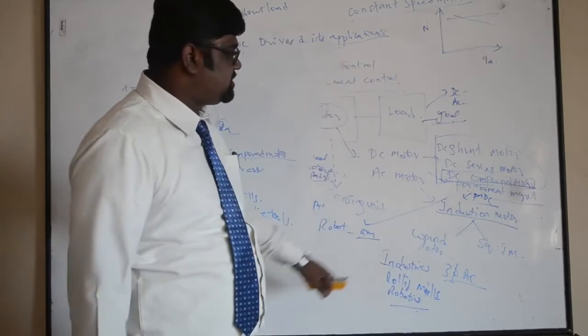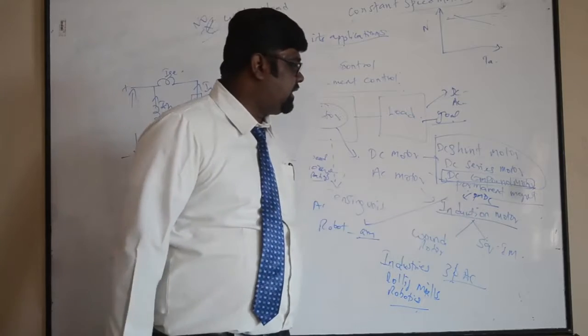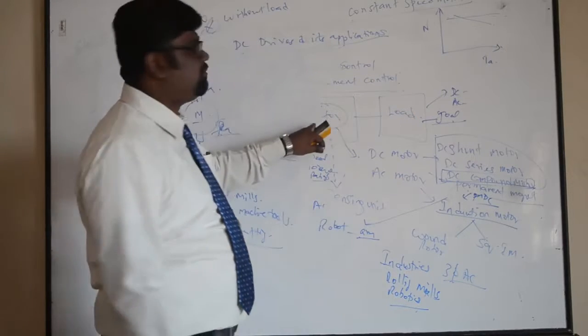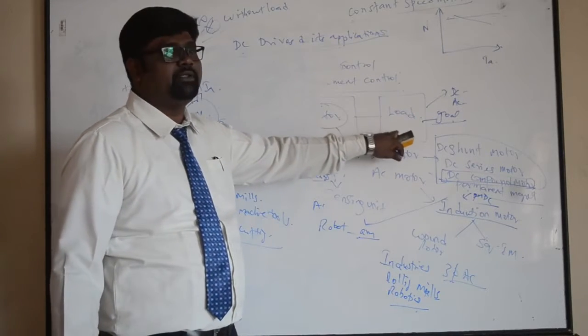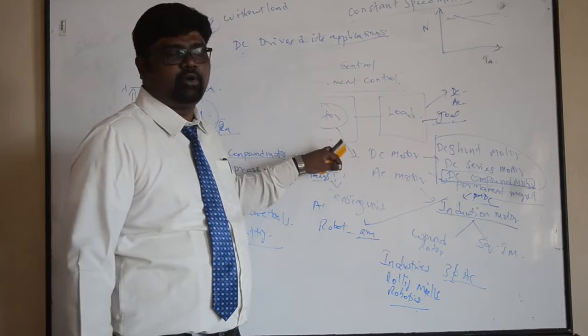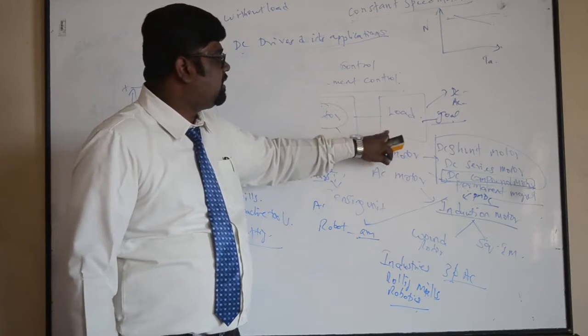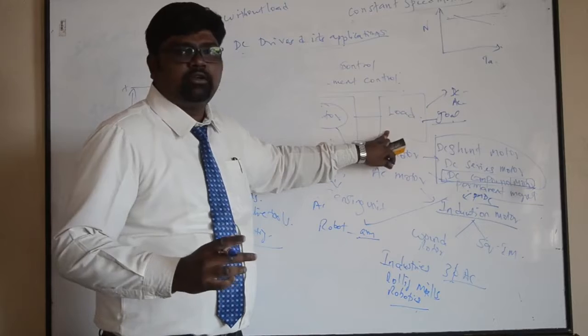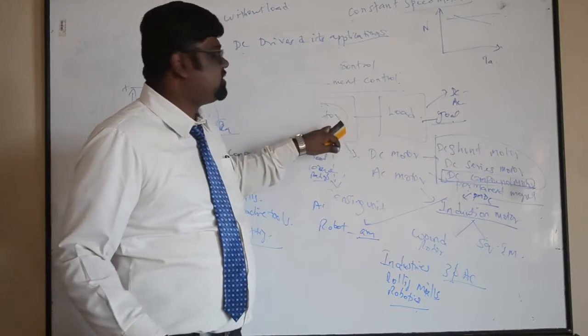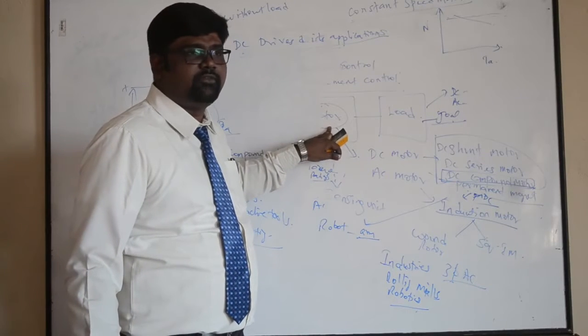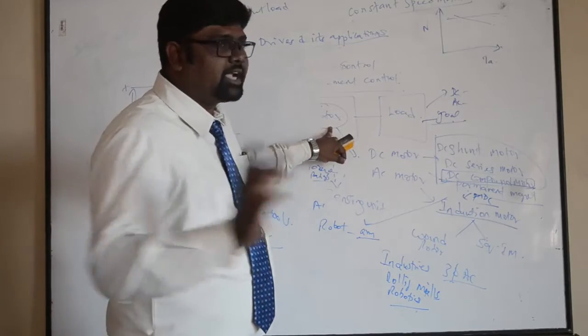Heavy industries use the induction motor as the main motor. We already said that we choose a motor based upon the load. If we have a heavy load, we should definitely use a DC series motor to lift it up or to traction it up.